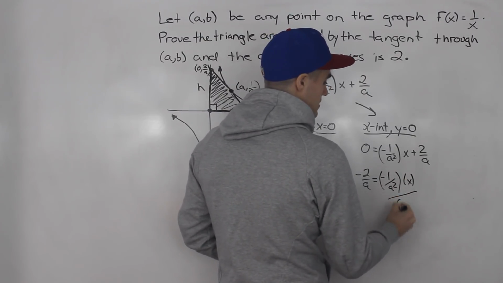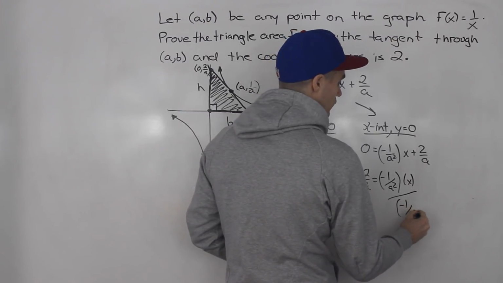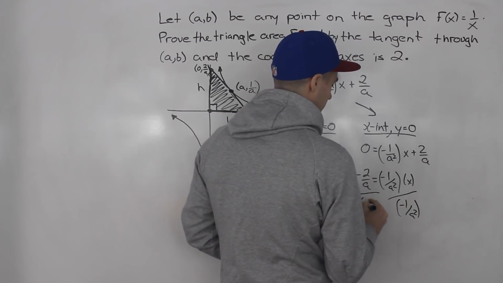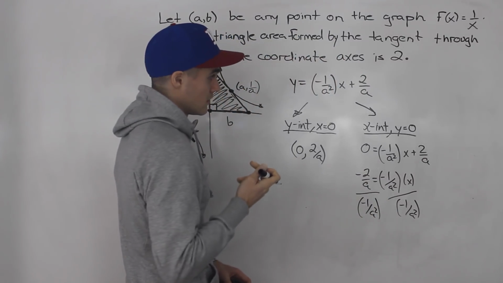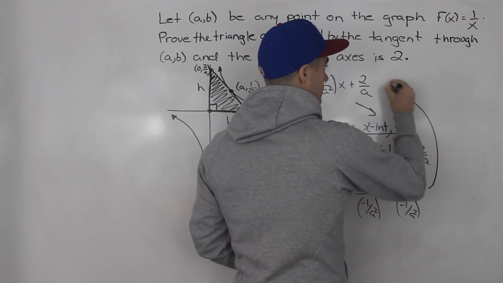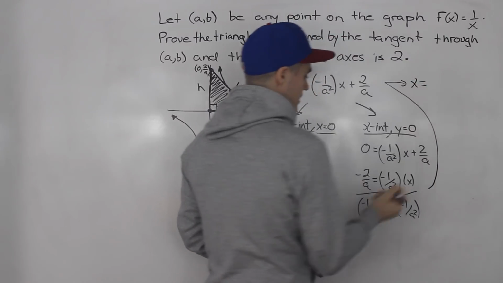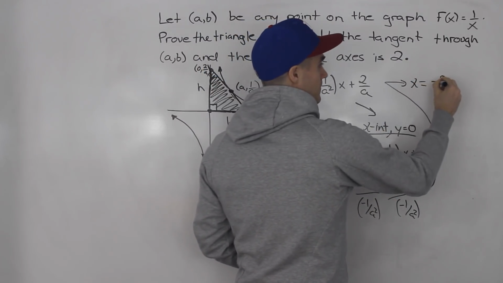Then to get the x by itself, divide both sides by negative 1 over a squared. Right, so x is going to equal negative 2 over a.